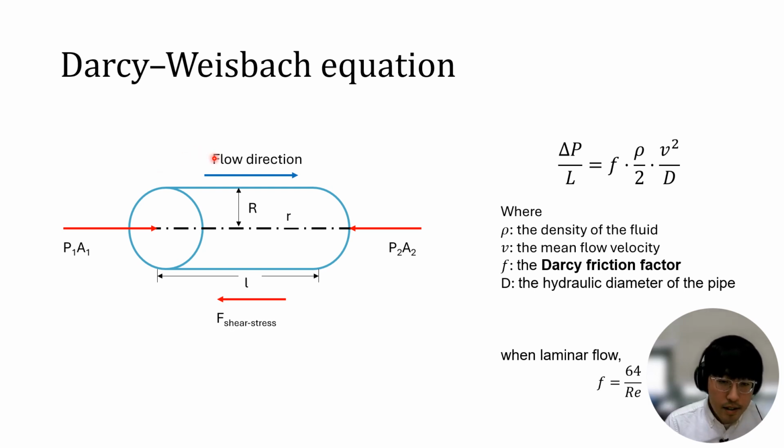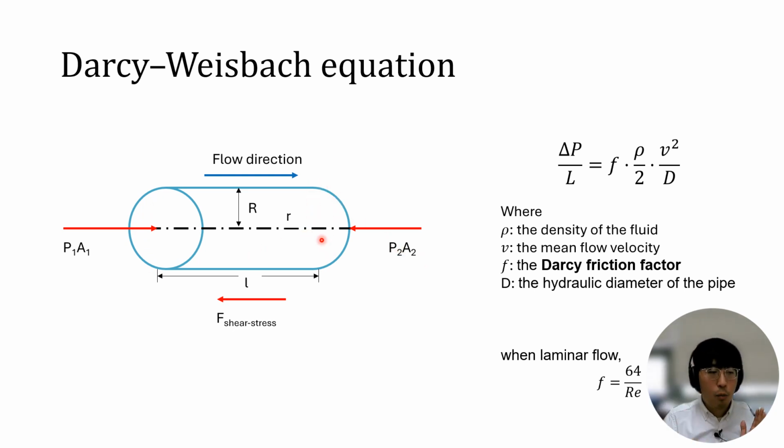And on the left-hand side, we have a brief schematic diagram of how the pressure will change in the pipeline. Let's say we have flow going from the left to the right, and this is a circular pipe, and we just have a cross-sectional view of it. And this line indicates the center line of the cylindrical pipeline, and the radius is R. On the left-hand side, we have A1, which is the area of the left end, and A2 is the area of the right-hand side.